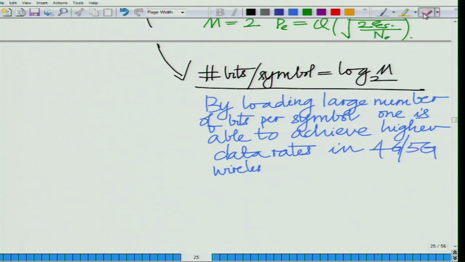So, these are very important, 4G and 5G. That is the whole point.